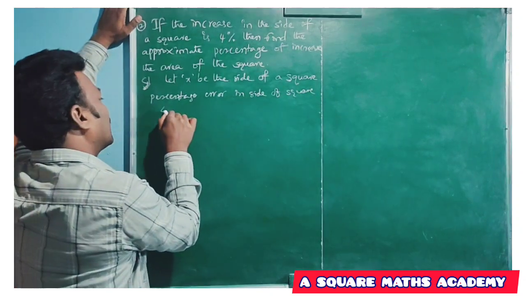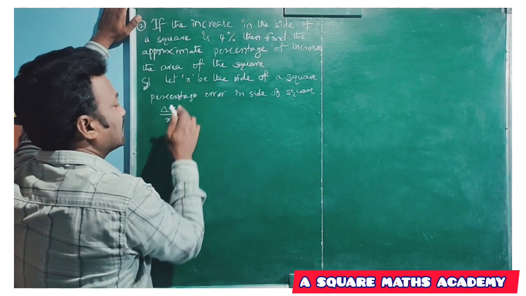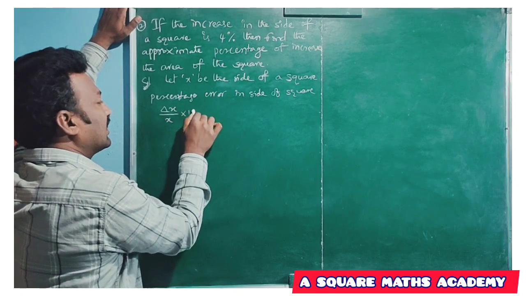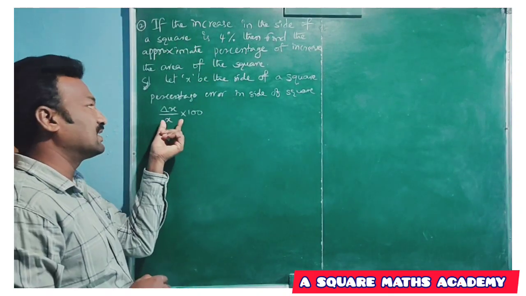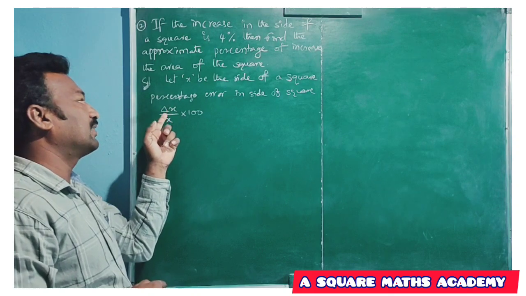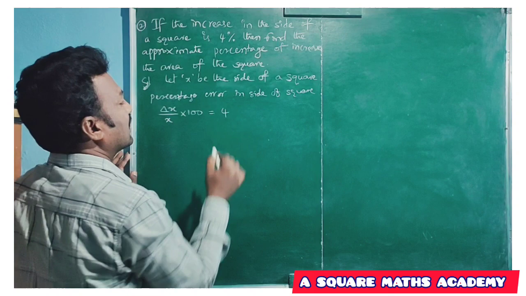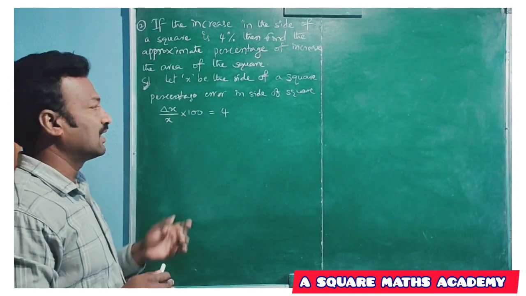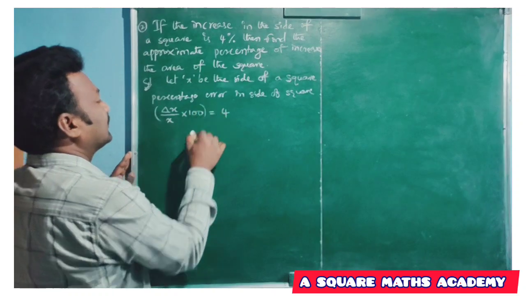Since x is the side, the percentage error in the side is delta x by x into 100. This is the percentage error in the side. So that equals what is given here, 4%. That is nothing but 4 we take. Okay, so this is the value.